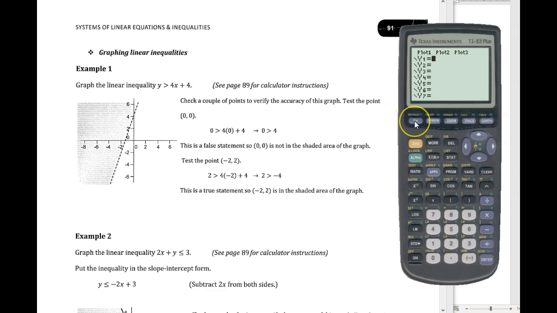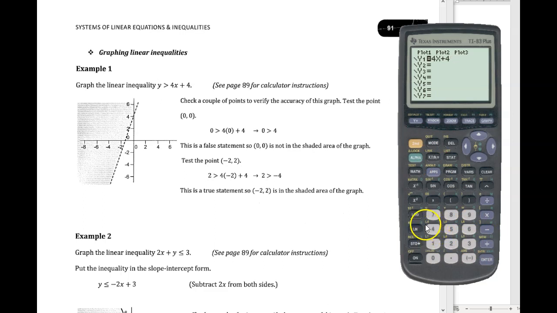Then we put the right side, 4x plus 4, in this screen.